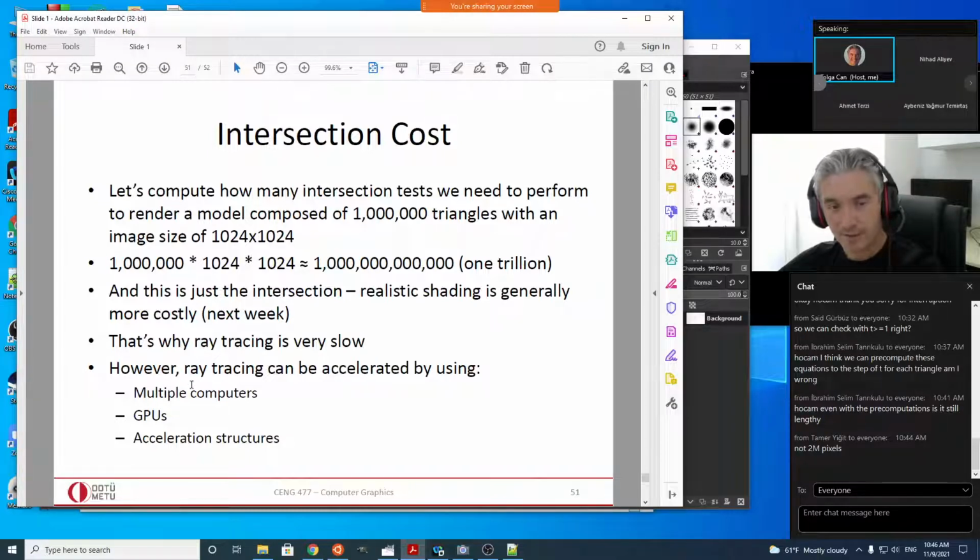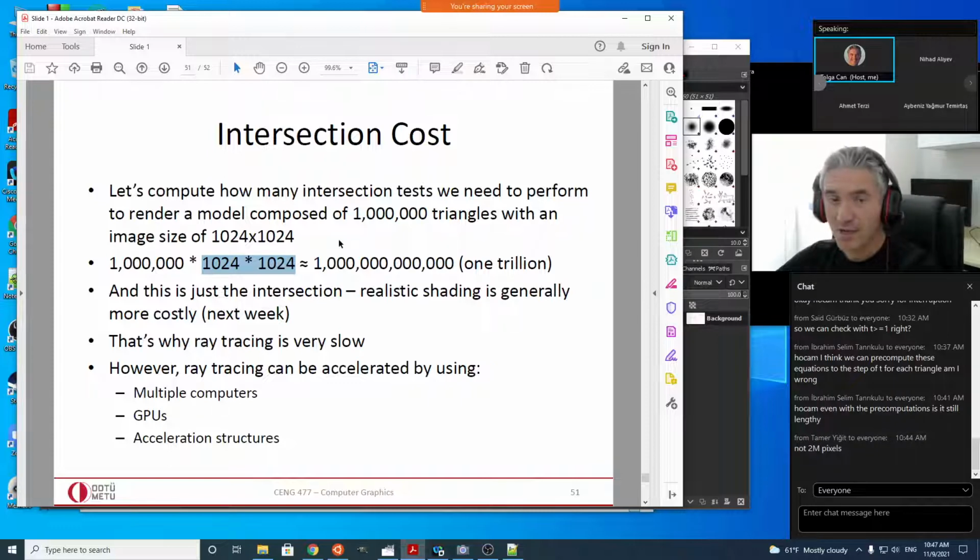But these days we use graphics processing units and multiple computers. We parallelize this process. And these intersections can also be made more efficient. If we have a hierarchical data structure built over the triangles of our model, we can adaptively filter out certain regions of our scene, which is the most important speedup, not just parallelization.